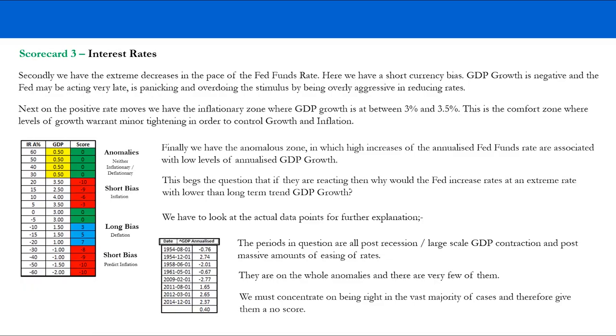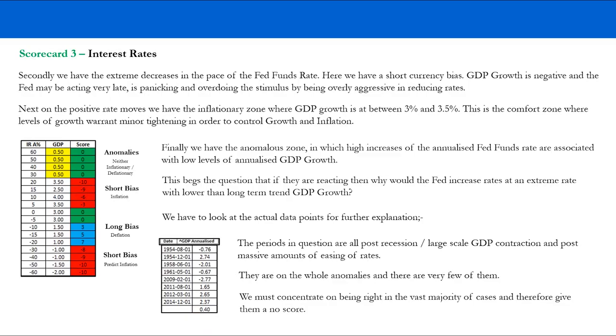Now, this begs the question that if they are reacting, then why would the Fed increase rates at an extreme rate when they are seeing lower than long-term trend in GDP growth rate? Well, we have to actually look at the actual data points for further explanation.